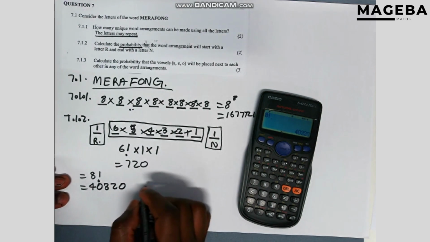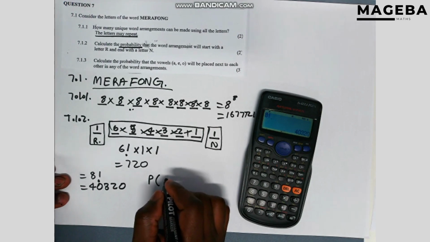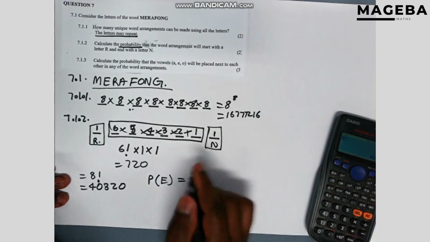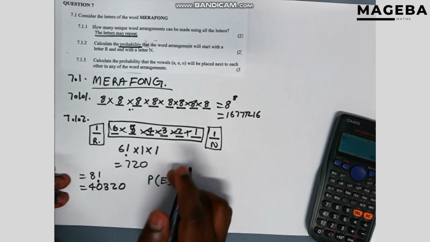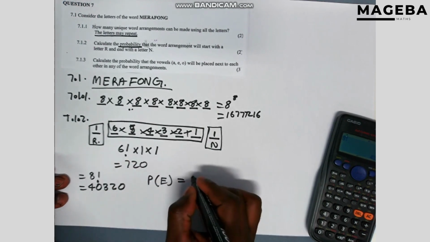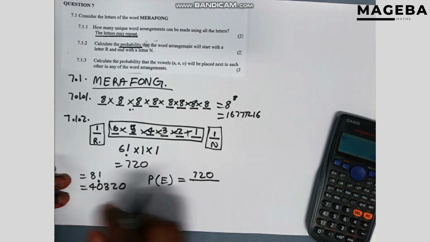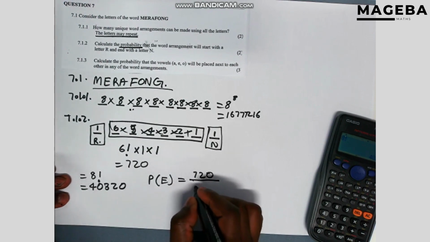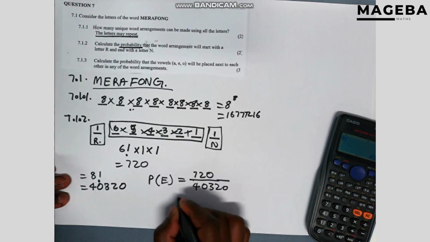Now if I find the probability of these arrangements, it's the arrangement that we want, which is 720, over the total arrangement, which is 40320.